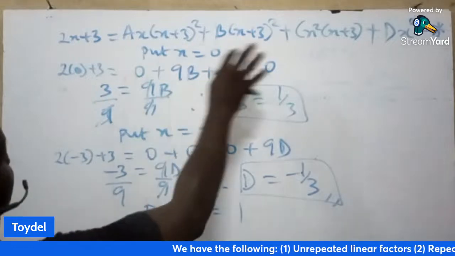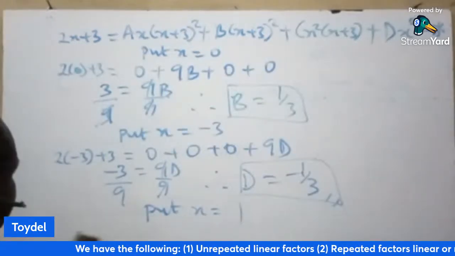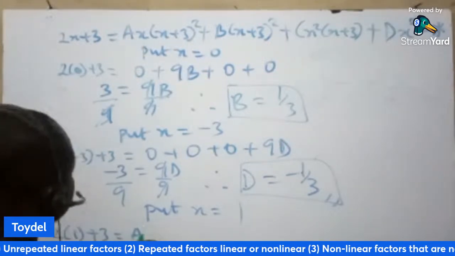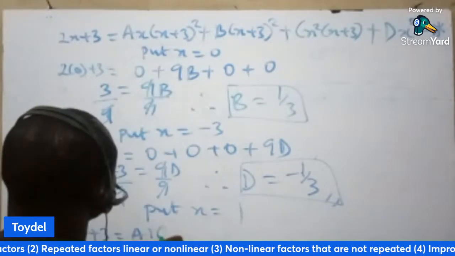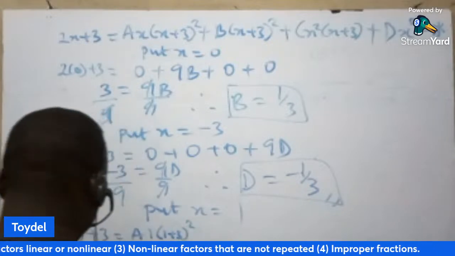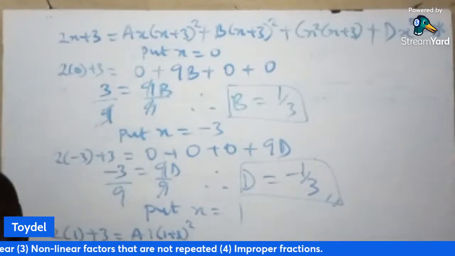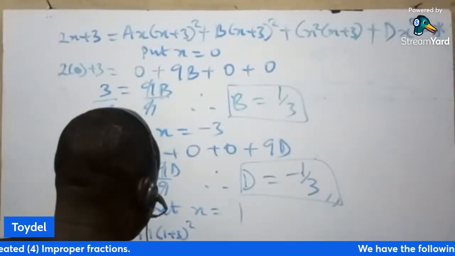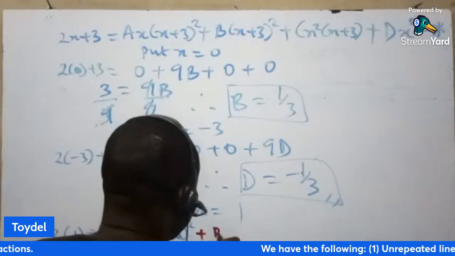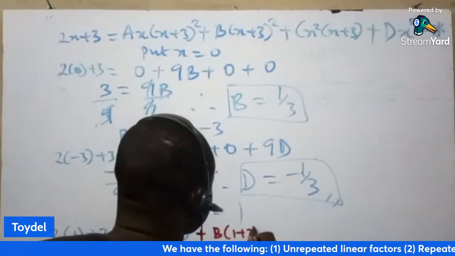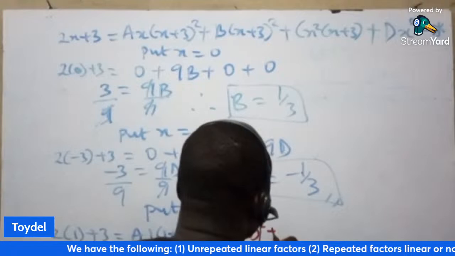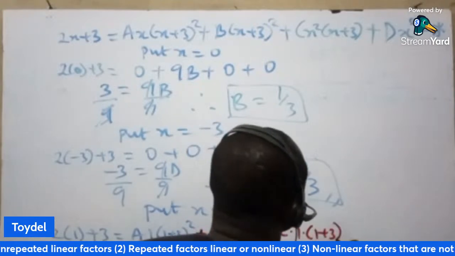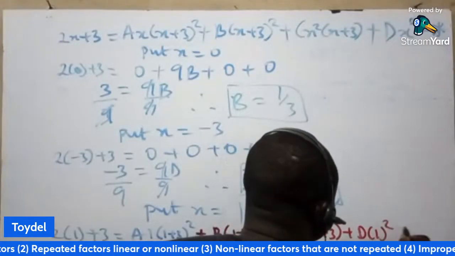If we put S equal to the neutral value, we are going to get the values for A, B, C, D. Then I will say 2 into bracket 1 plus 3 is equal to A times 1 plus 3 all squared, then plus B into bracket 1 plus 3 all squared plus C multiplied by 1 into bracket 1 plus 3 plus D into bracket 1 squared.